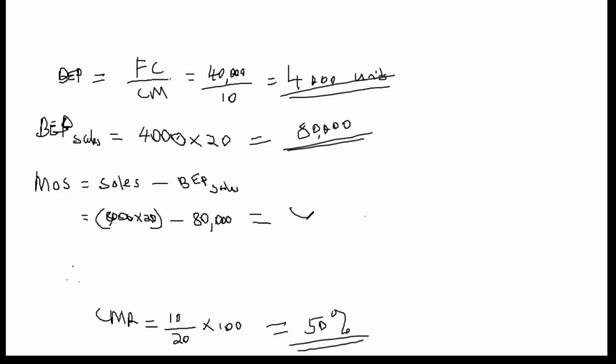So our margin of safety is 80,000, which means this is the range between our maximum sales and the break-even point.